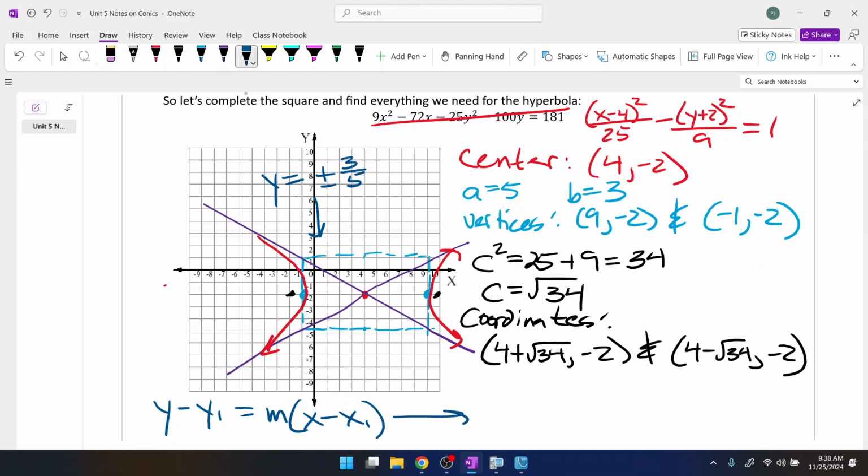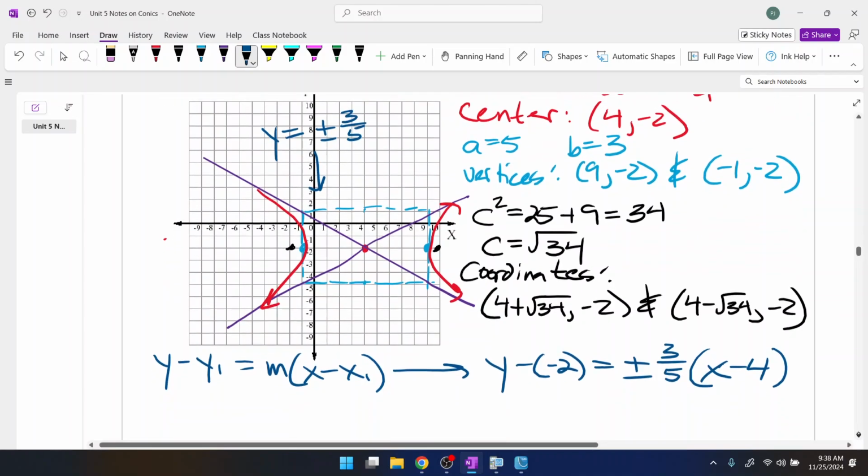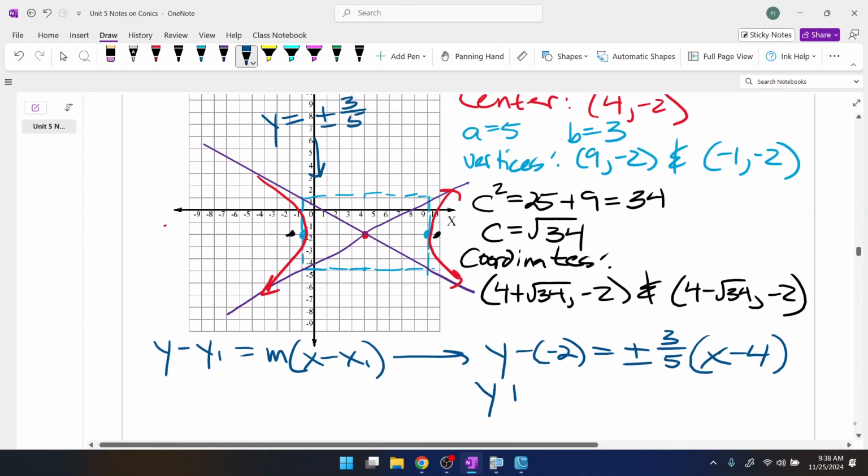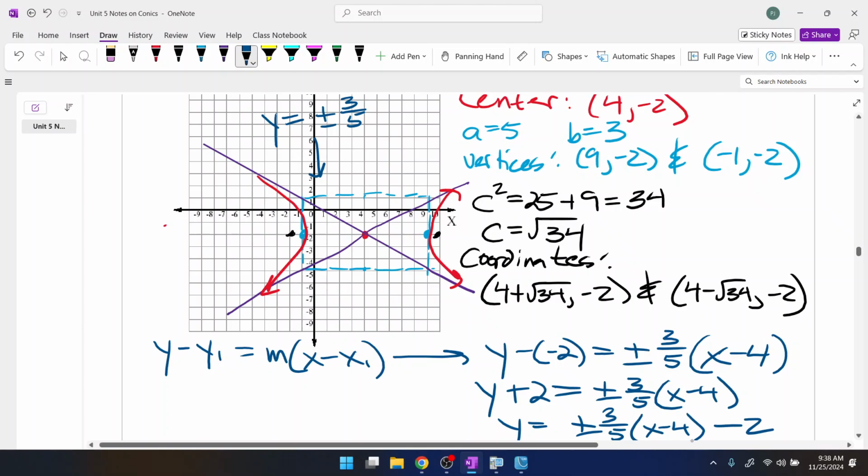What happens here is you have y minus negative 2 equaling plus or minus 3/5 times x minus 4. Now, am I going to make you simplify both versions of this? No. Y plus 2 will equal plus or minus 3/5 times x minus 4, and y will be just simply plus or minus 3/5 times x minus 4 minus 2.